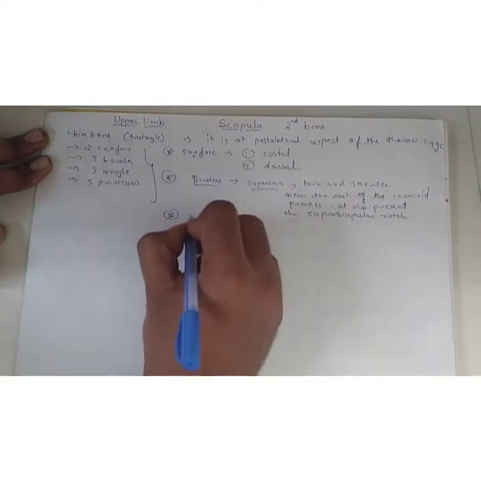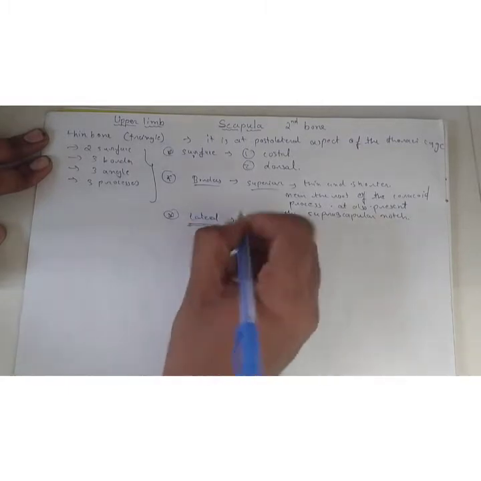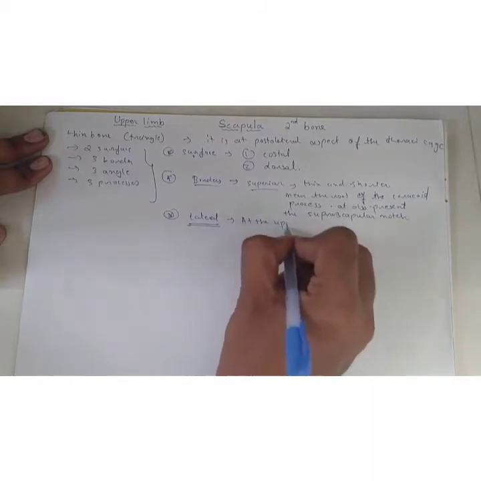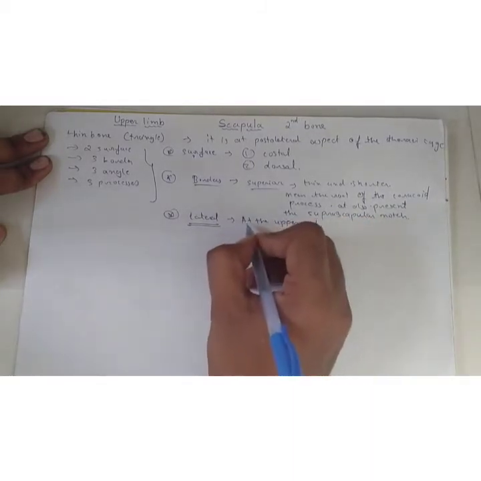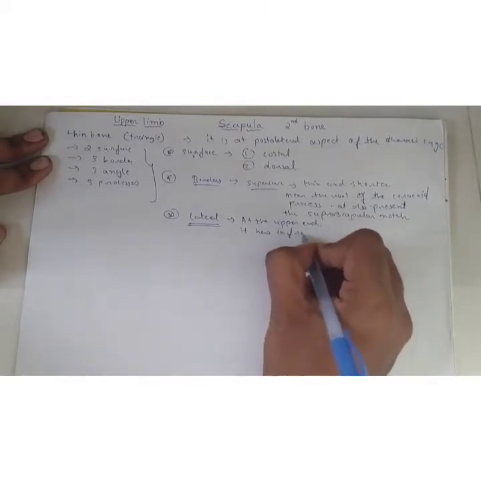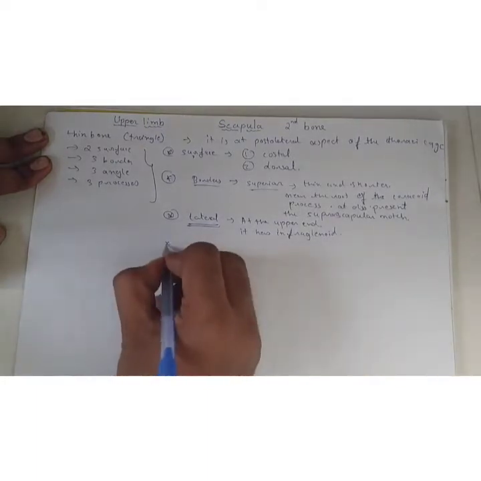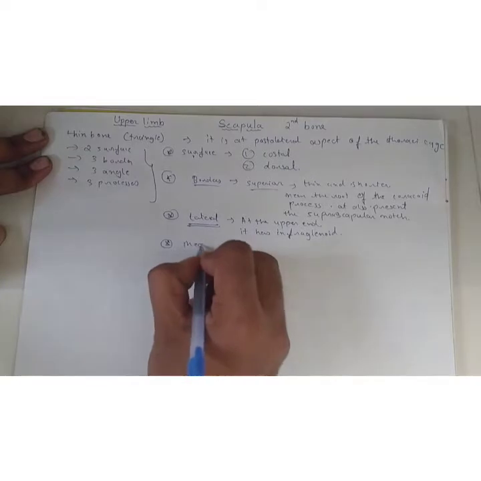Then the lateral border. It is at the upper end. Then it has a tubercle which is known as infraglenoid. This was information about the lateral border, and then the third one is medial.